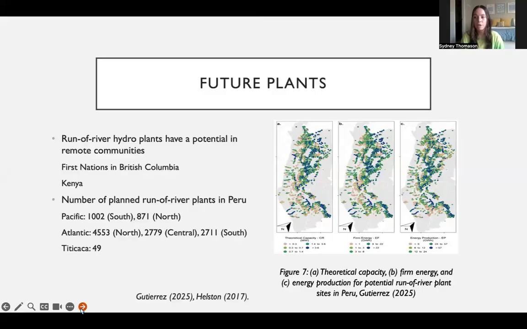However, it was also found that the rivers in Peru were not yet fully developed to handle this generation that is needed, and that the number of sites decreased as the river order itself increased. So there were still some constraints to the amount of future plants that could be developed, but there is potential for Peru to really start to grow in this area.